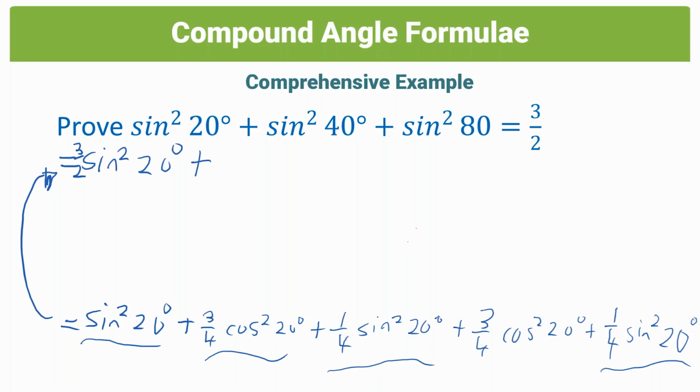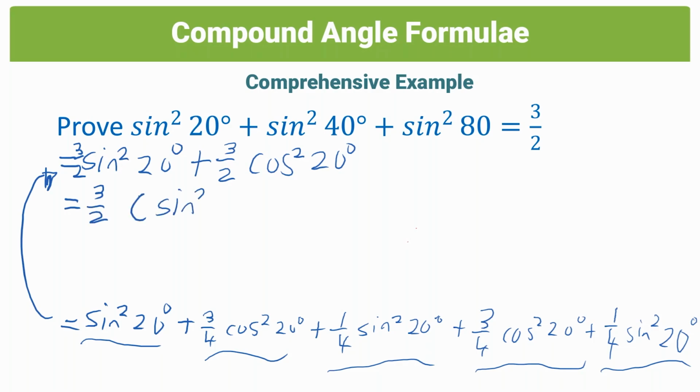We have 3 over 4 there and 3 over 4 there. So that's also going to be 3 over 2 cos squared 20 degrees. Now we can take 3 over 2 out as a common factor, and that becomes sine squared 20 degrees plus cos squared 20 degrees. And this is perfect.